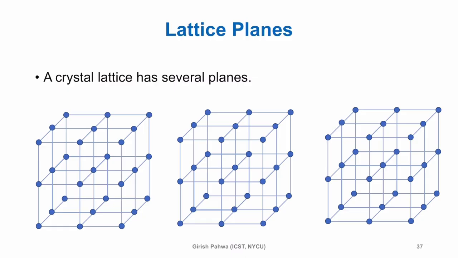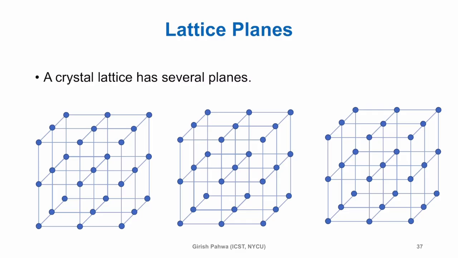Because of the arrangement of these planes, in which direction I move, if I move perpendicular to this side or that side, it will decide my transport properties. If an electron is going in that direction, it may have different conductivity. So that's why it's important to talk about different directions.